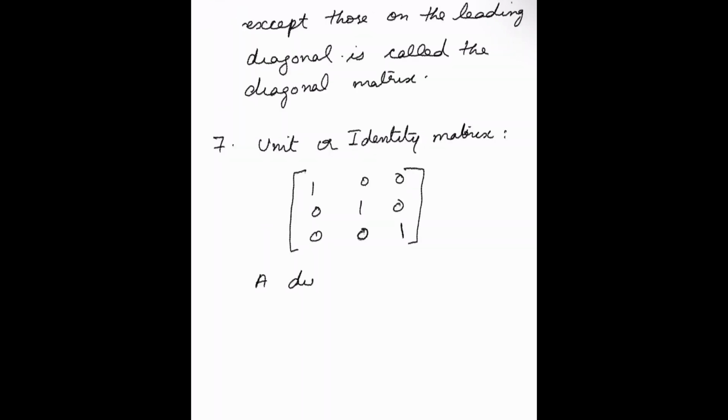First condition, it has to be a square matrix. Second condition, it has to be a diagonal matrix. Third thing, the leading diagonal has to be 1. No other numbers allowed.